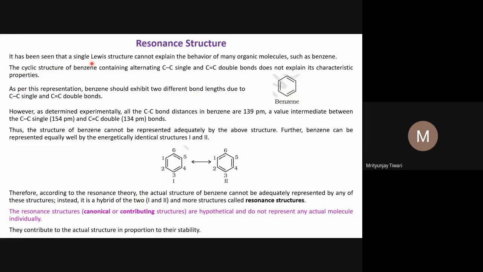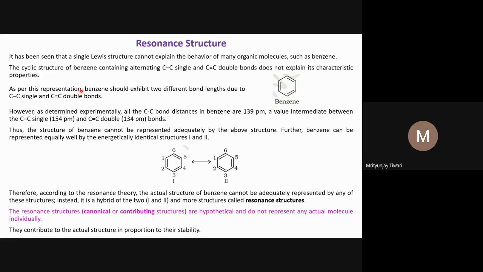So it has been seen that a single Lewis structure cannot explain the behavior of many organic molecules, such as benzene. The cyclic structure of benzene containing carbon-carbon single and carbon-carbon double bonds does not explain its characteristic properties.